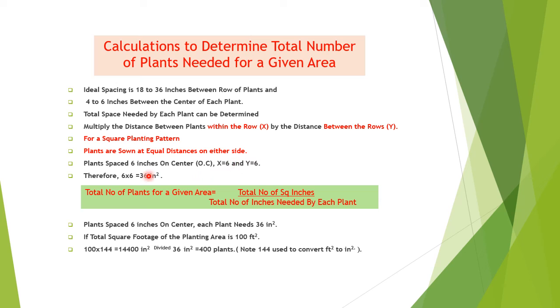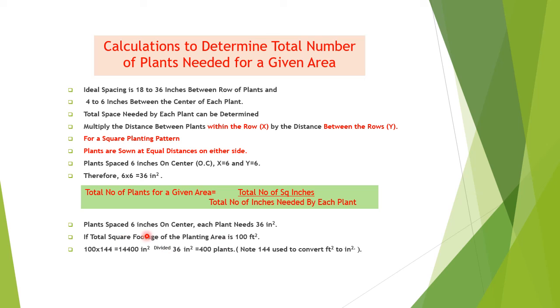So when you multiply it, it comes to 36 square inches. You have a formula: the total number of plants for a given area can be calculated by taking the total number of square inches you have divided by the total number of square inches needed by each plant. Suppose plants are spaced 6 inches on center, each plant needs 36 square inches.